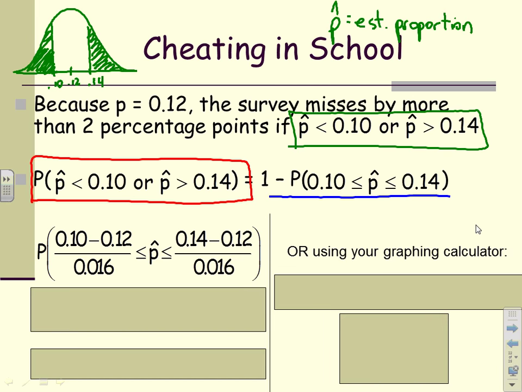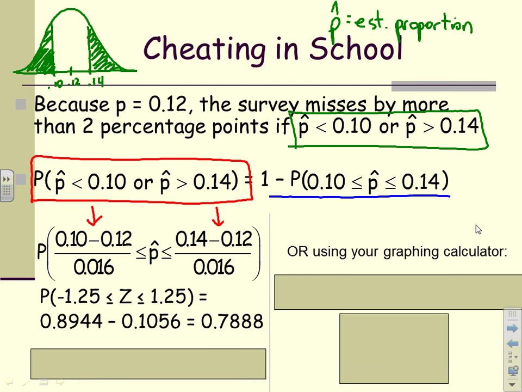So the first thing we need to do is standardize each one of these values, and that's what's going on right here. We see our x is 0.10 minus the mean of 0.12 over the standard deviation of 0.116. That's standardizing the 10% value, and we also have to standardize the 14% value over here, and that's going to give us our z's.